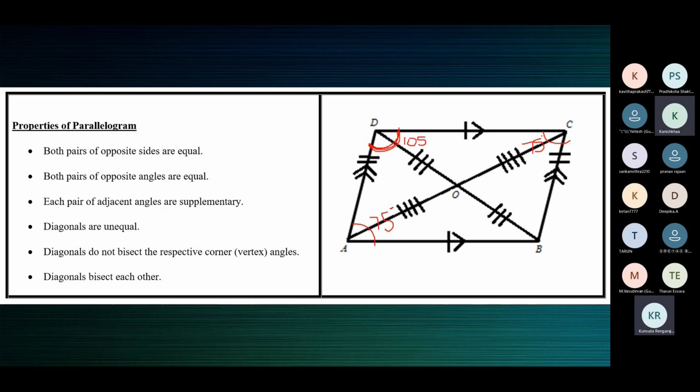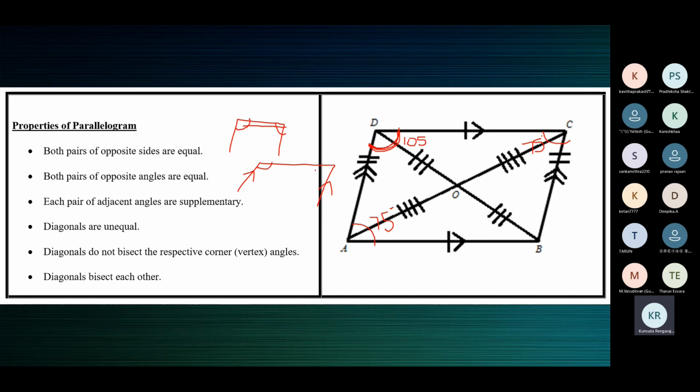Because each pair of adjacent angles are supplementary, ma'am. Yeah, parallel line, transversal, parallel line. This is 75. So this will be 105 because co-interior angles are supplementary. We know in a parallelogram, opposite sides are parallel.